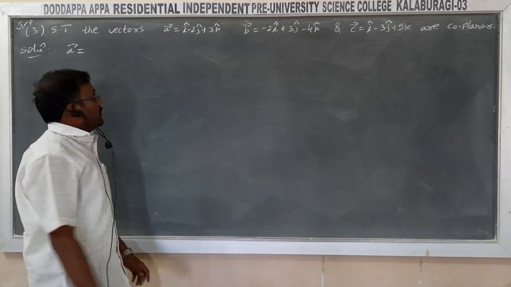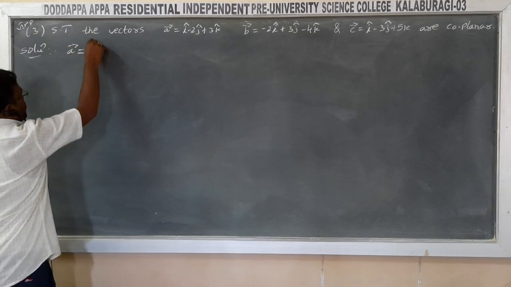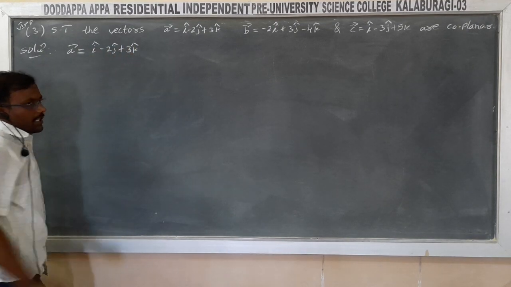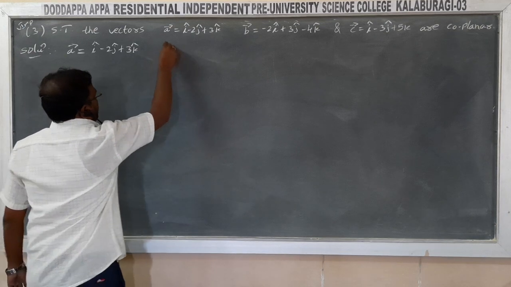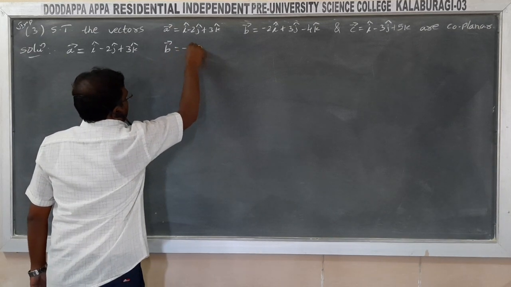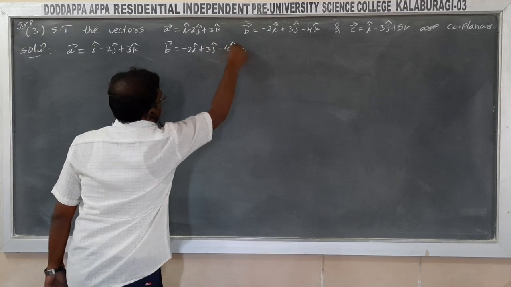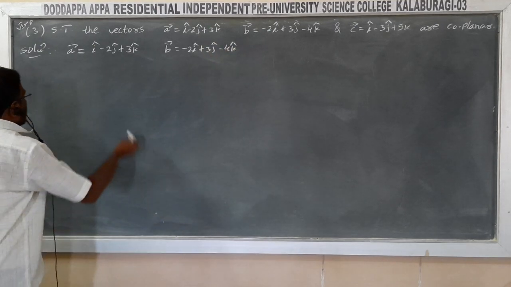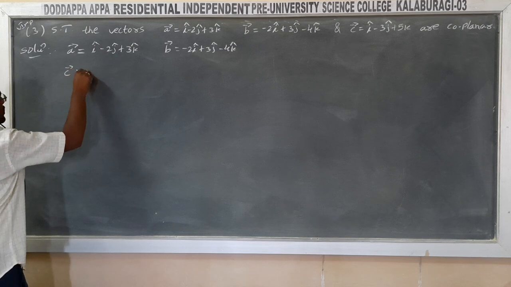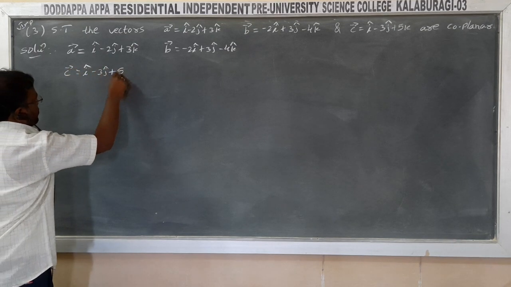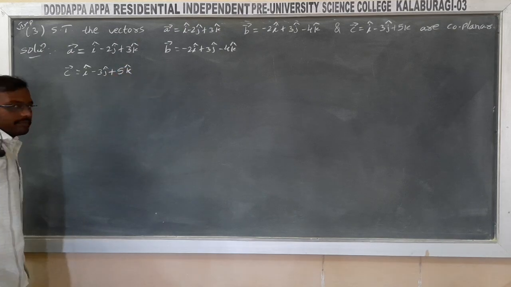What about vector A value? i minus 2j plus 3k, and vector B value is minus 2i plus 3j minus 4k, and vector C value is i minus 3j plus 5k.